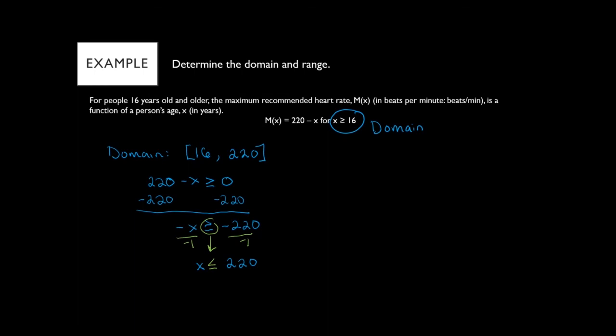So now the thing about domain and range is that even if you have an equation, sometimes if you go too far out from what makes sense, the equation doesn't make sense anymore. Like if I have somebody who's 200 years old, well, let's say somebody could live to 200 years old.